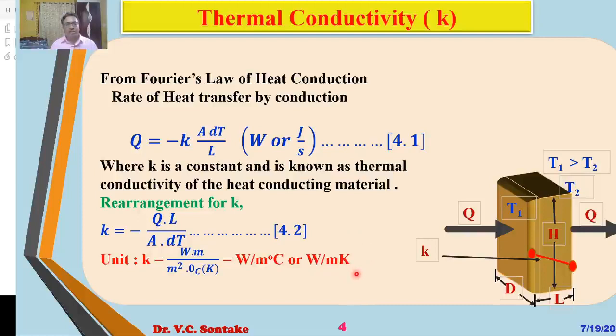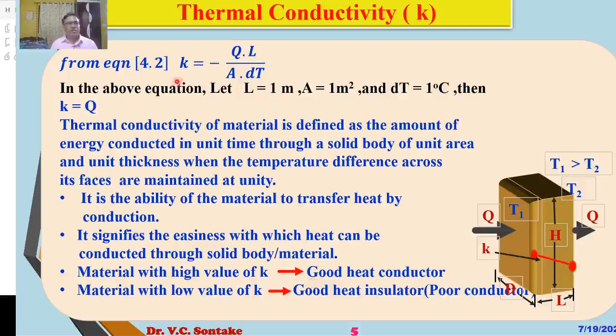One more thing, whether you take watt per meter degree Celsius or watt per meter Kelvin, the magnitude is not going to change because here we are considering temperature difference rather than absolute temperature. So whether you take degree Celsius or K for temperature difference as a unit, it hardly matters.